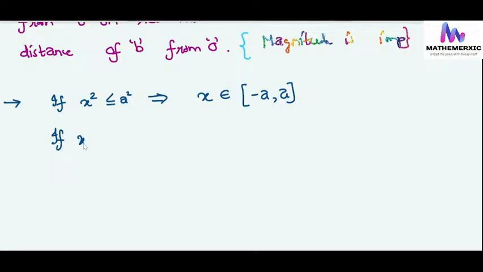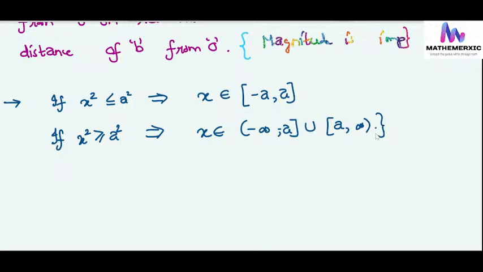If x square is greater than or equal to a square, then x belongs to minus infinity to minus a, closed bracket, union, closed bracket a to infinity. You will revisit this after some time.